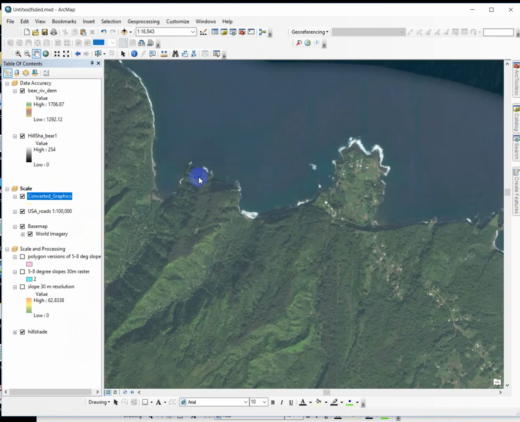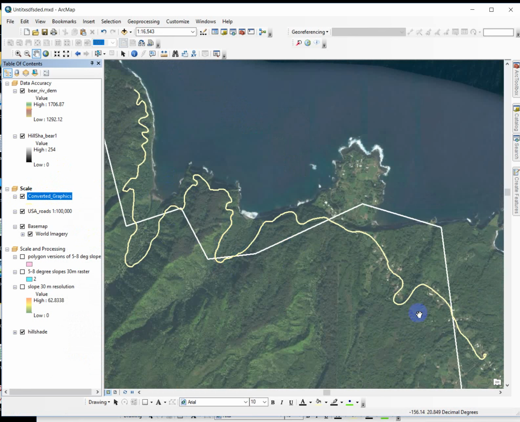Let me zoom into that. So the actual Hana Highway is an incredibly sinuous, ridiculously fabulous road that runs along the north shore of Maui. And you can see here the difference in accuracy and precision that these two lines were digitized at. Mine still isn't exactly accurate.